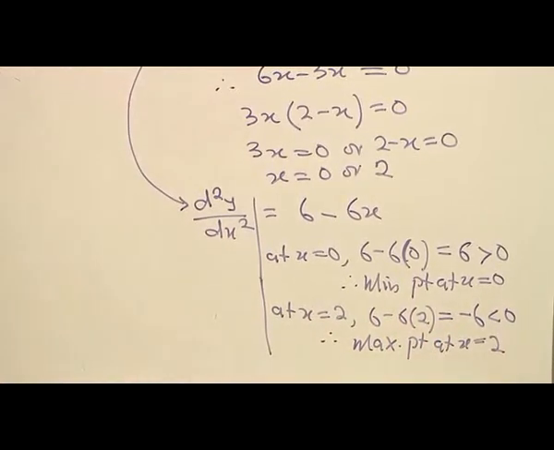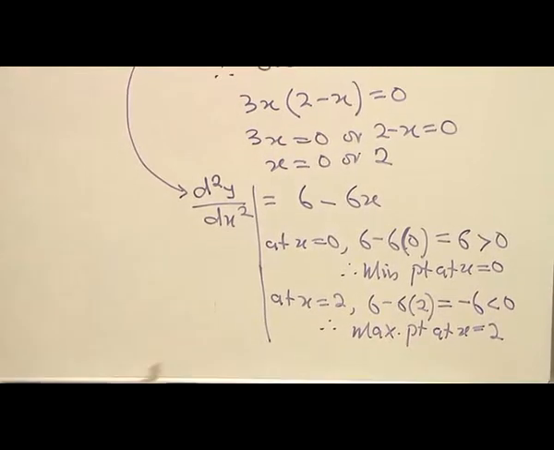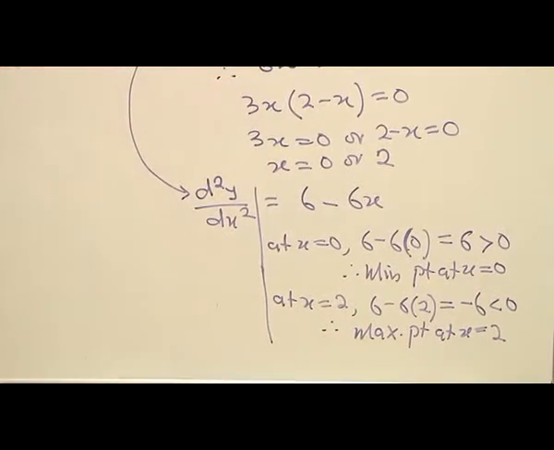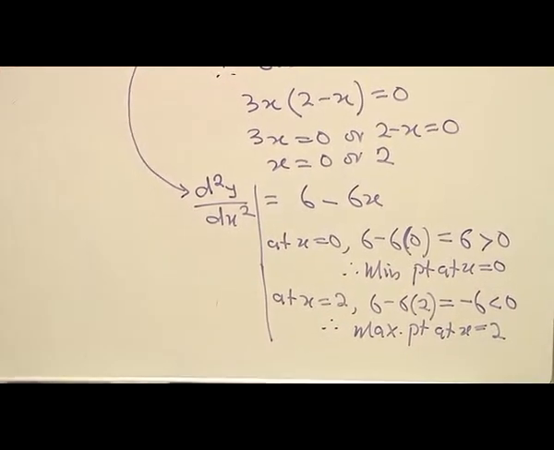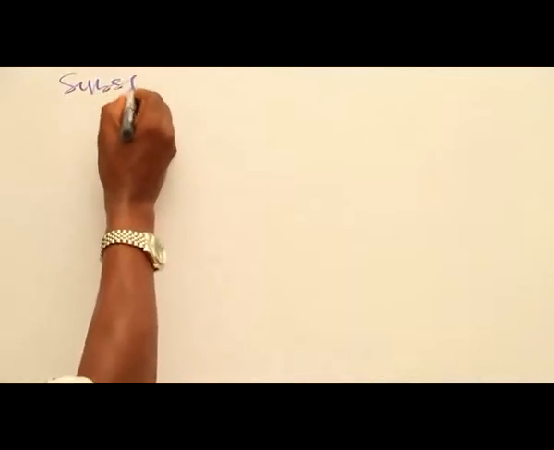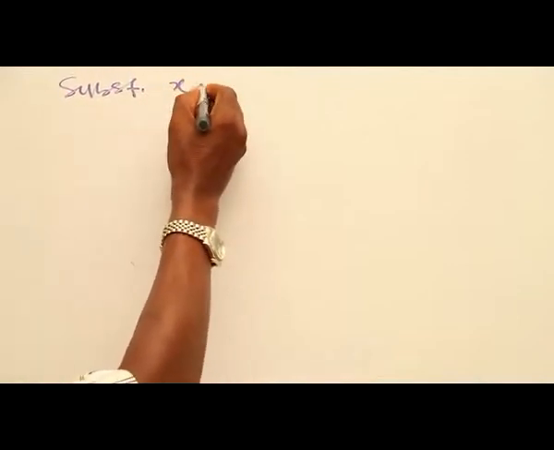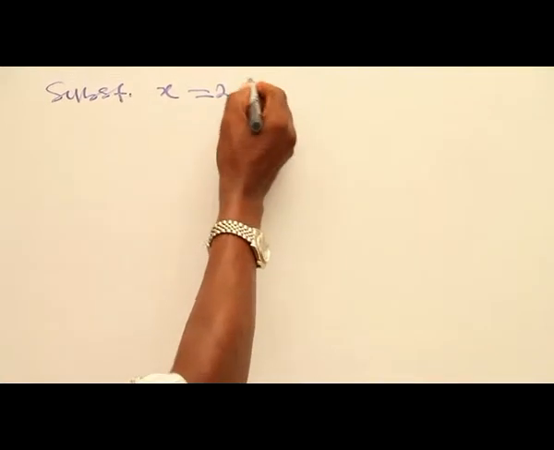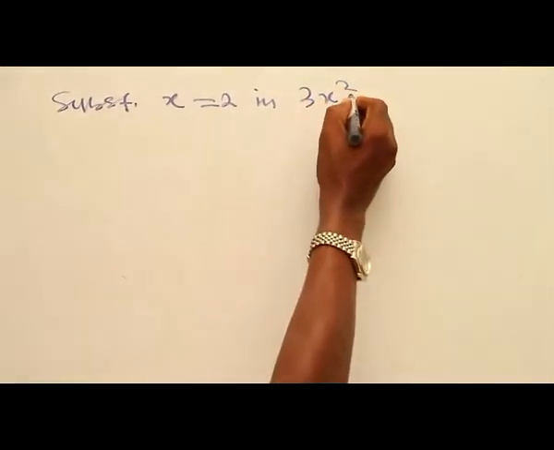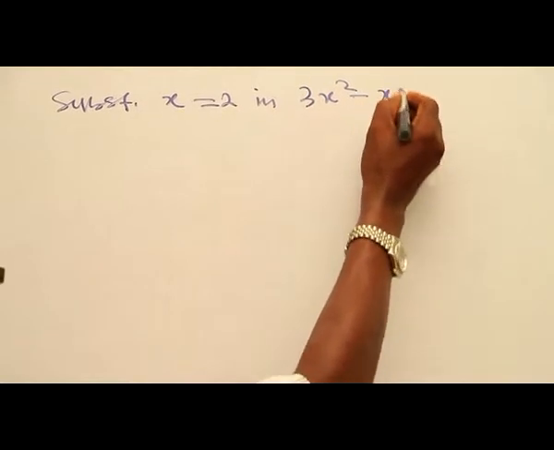So the question is, determine the maximum value of this. We will now substitute the value of s equal to 2 in the given function to get the maximum value. So, substitute s equal to 2 in the function, which is 3s squared minus s cubed.